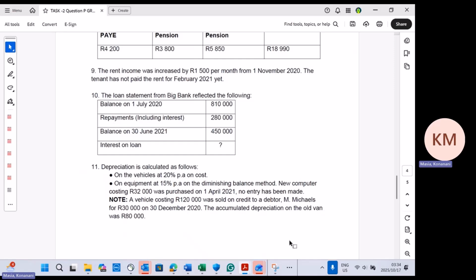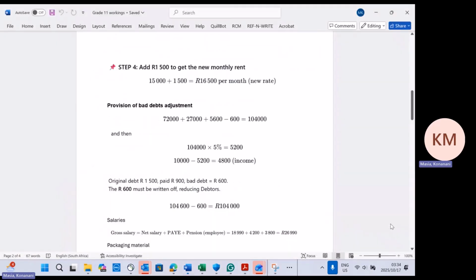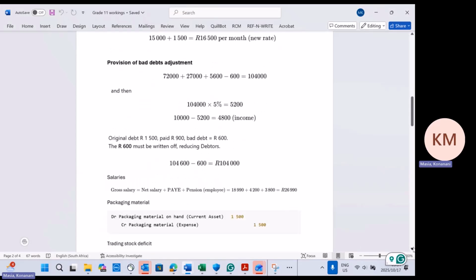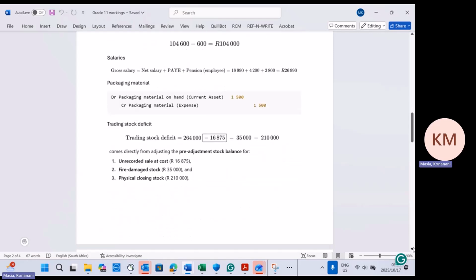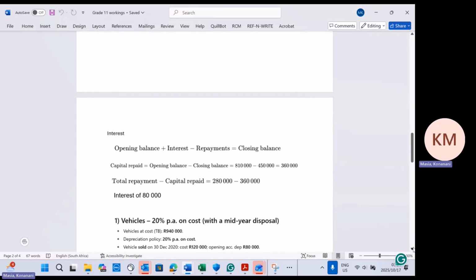Now, if you were to do the calculation to determine your interest, because the interest is unknown, what would you do? I just want to show you in my wiki what we're supposed to do. You say your opening balance plus interest minus repayments is equal to closing balance. The interest is not known, but the repayment was provided, the opening balance was provided, and the closing balance.